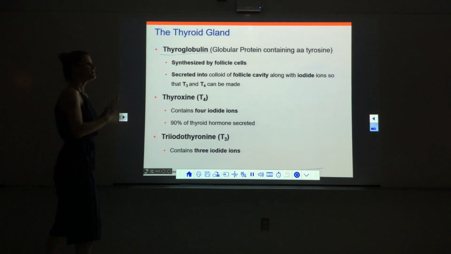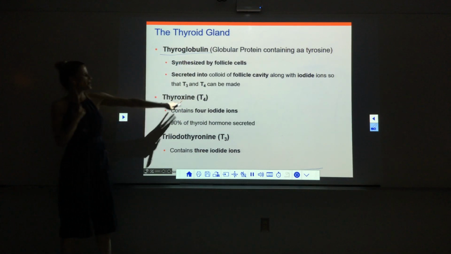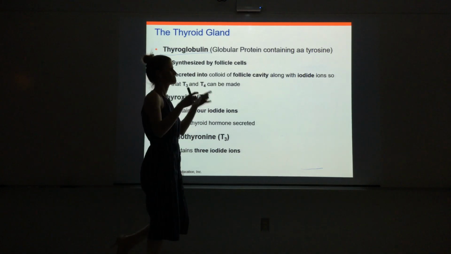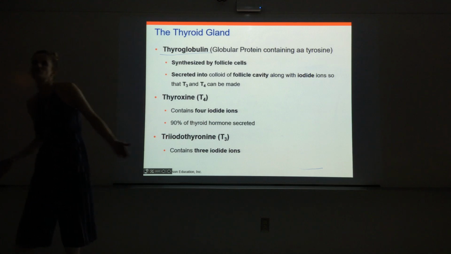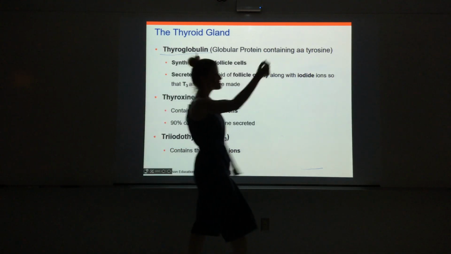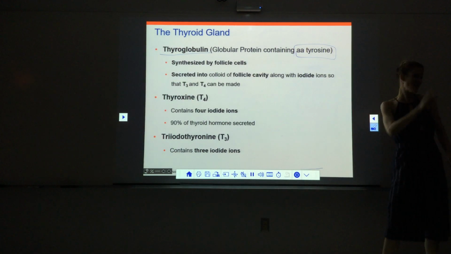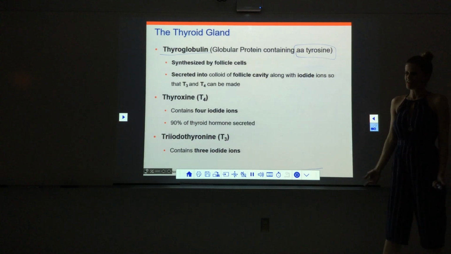If you remember the very beginning when we first started talking about the different types of hormones, we said that thyroid hormones are examples of what kind of hormones, what class? Peptides, amino acid derivatives, lipid derivatives. Amino acid derivatives. Good guess. They're amino acid derivatives.